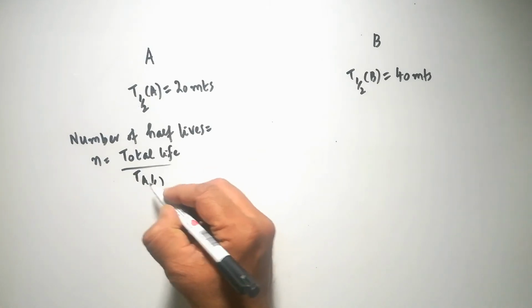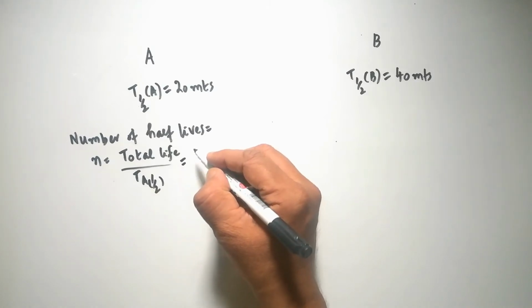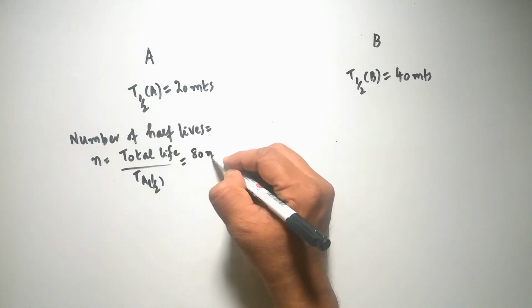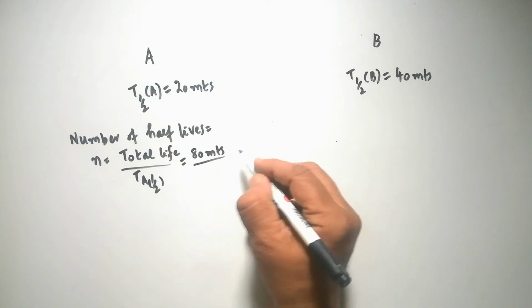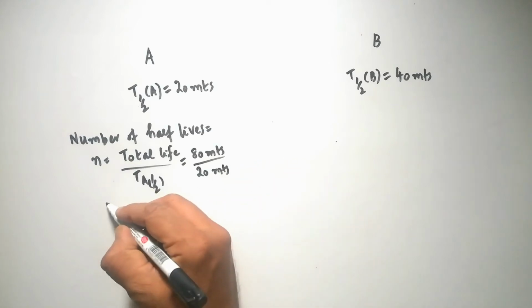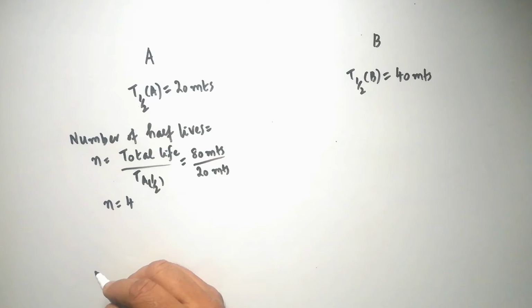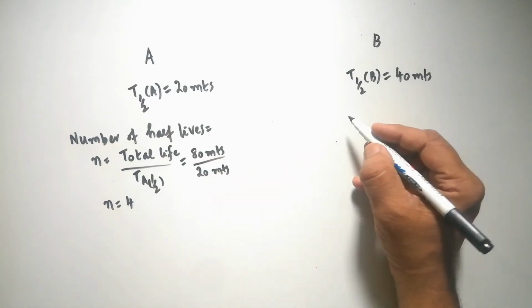The first element's half-life period is to be written in the denominator. Total life is 80 minutes, which is also mentioned in the problem. So 80 minutes divided by 20 minutes is equal to the number of half-lives. So the number of half-lives is equal to 4 in the case of the first element.